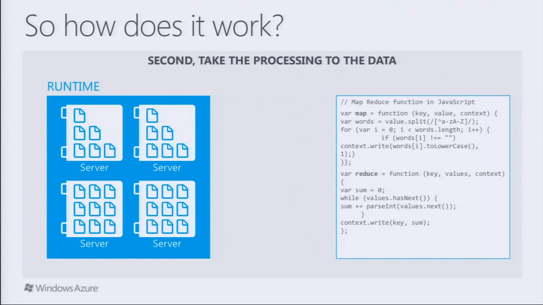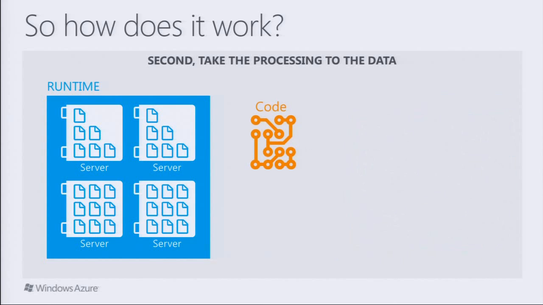The second step is that we have to process the data. There are two steps involved in MapReduce, and the first part is the map. The way it works is that you take your code and map it to the computer on your cluster where the data needs to be processed by that particular piece of code.